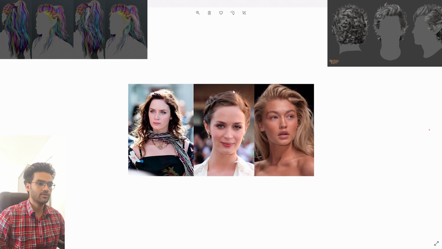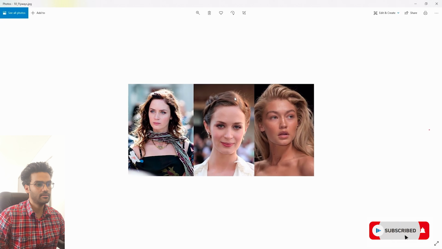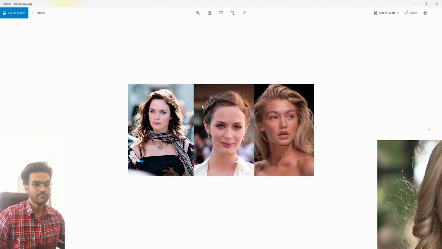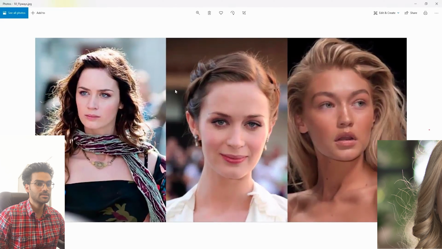Now we come to the last part of our hair, which is flyaways or fly-offs that you will see here. You can see we have this well-groomed hair dressing and hairstyle, and we have a lot of fly-offs.